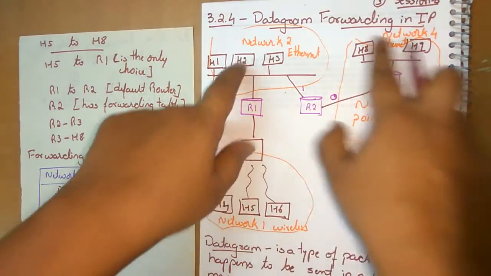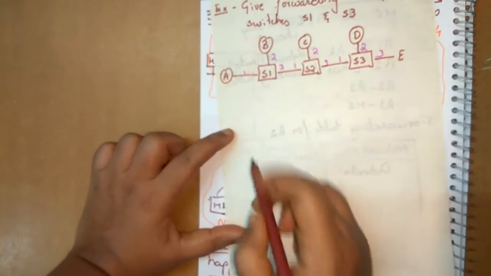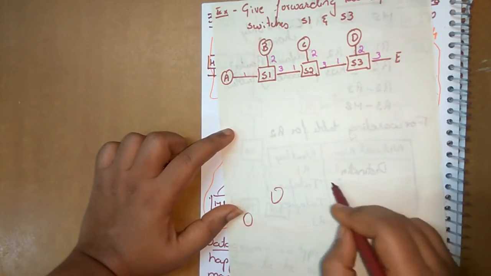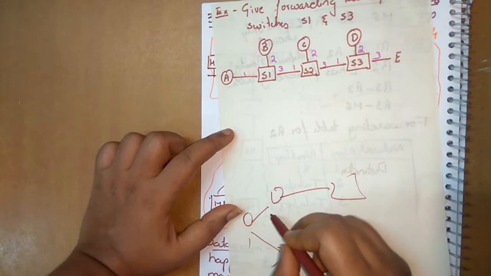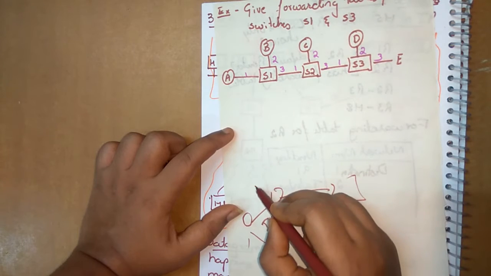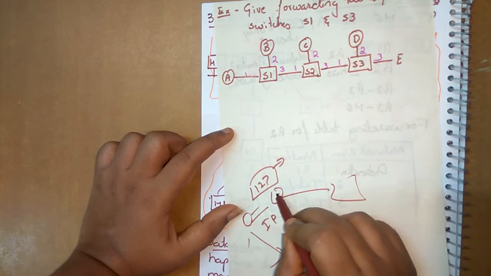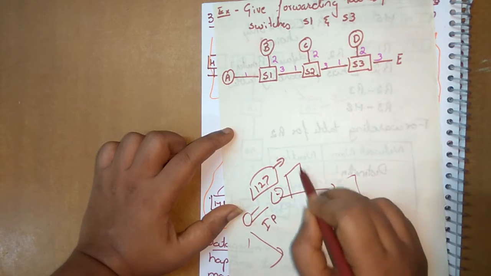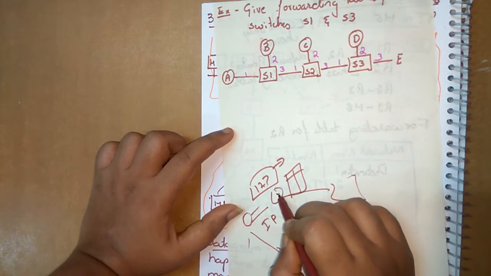See, we are simply taking a smaller network. When we think of a bigger network, from here to here, through the IP address, as we discussed, the network number will guide you. So every forwarding table should maintain that network number.